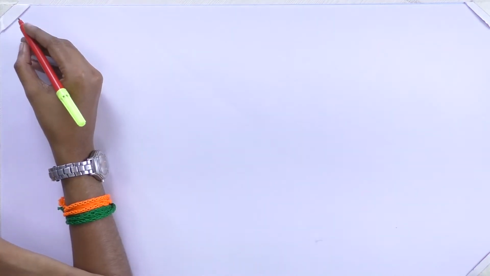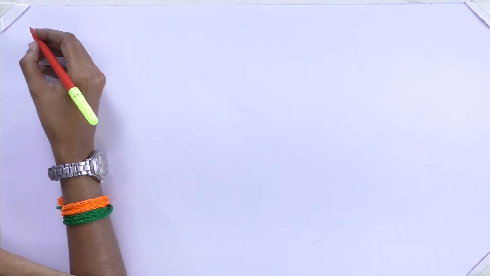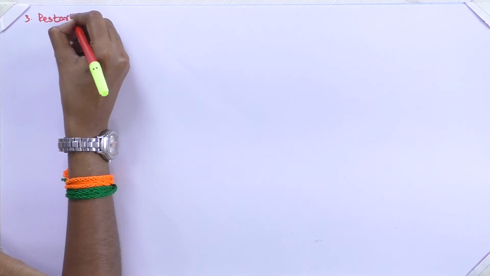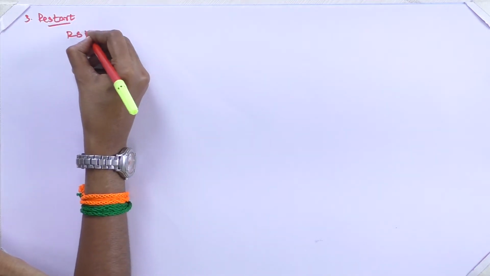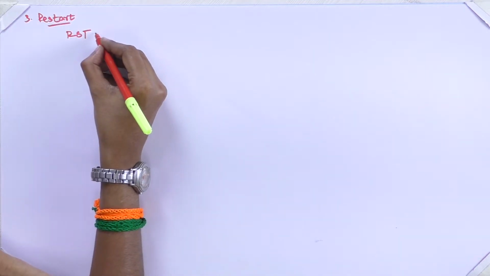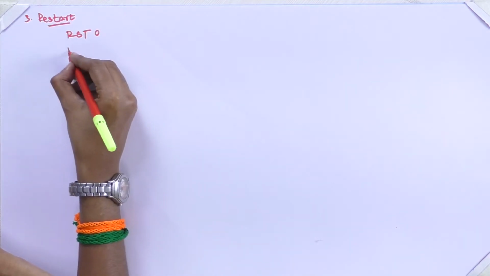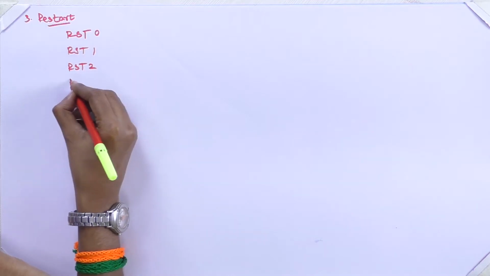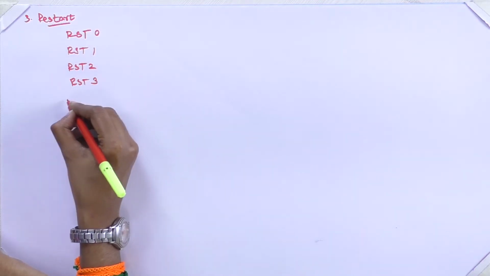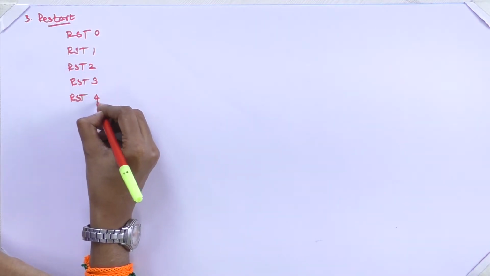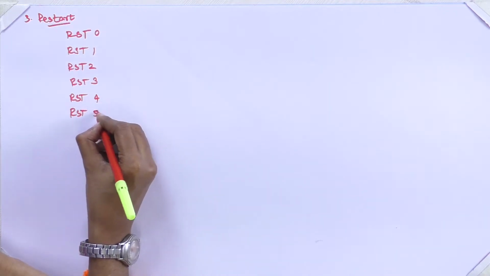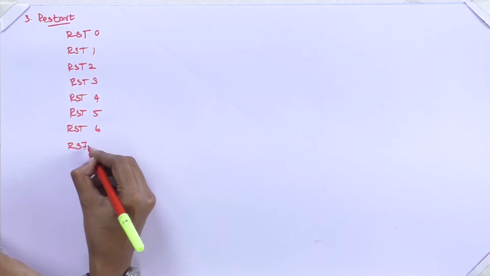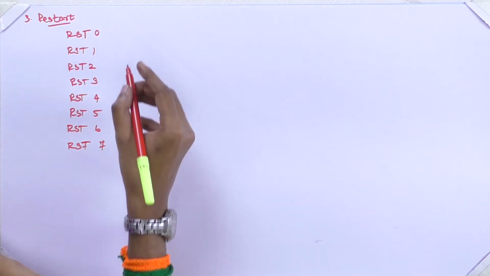The next branch instruction that we are going to see is restart, which is nothing but RST. We have 8 such instructions: RST0, RST1, RST2, RST3, RST4, RST5, RST6 and RST7.